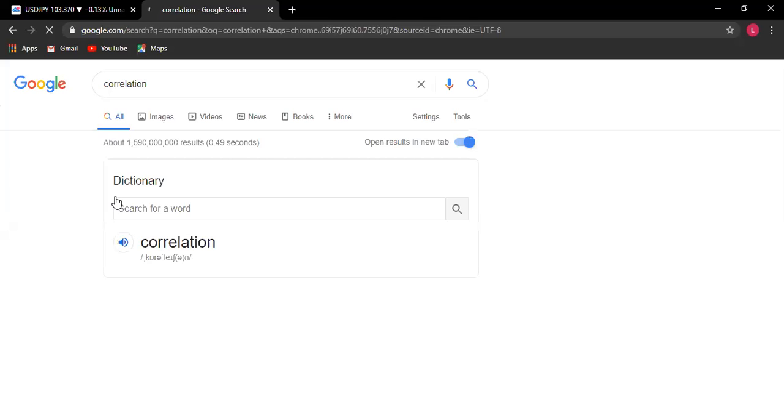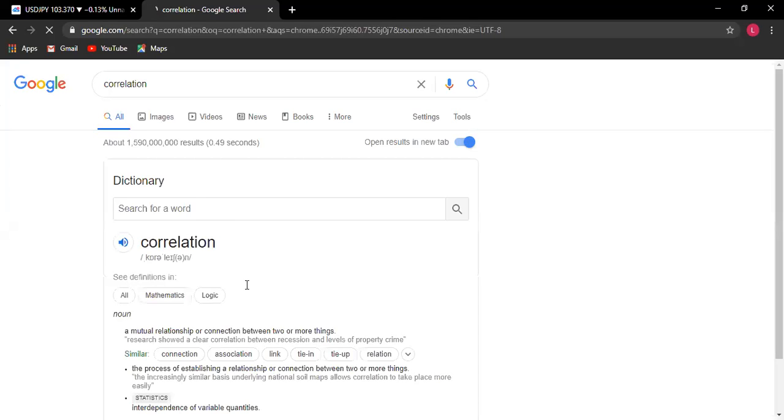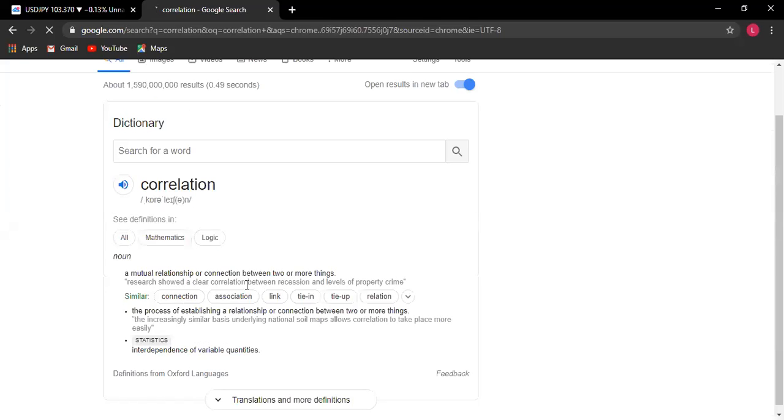So when they say something is correlating, from the English dictionary, let's see what correlation means before we talk about it in the correct term. A mutual relationship or connection between two or more. That is what the English dictionary is telling you.